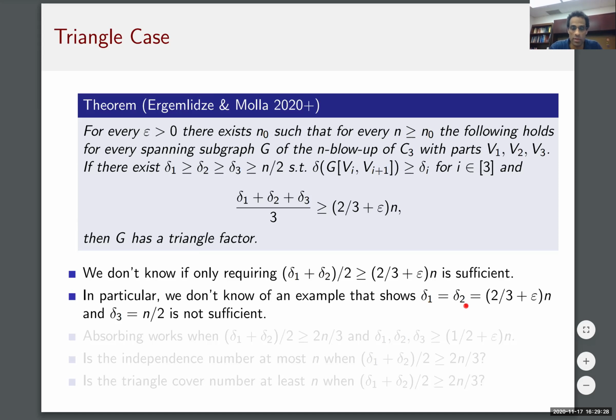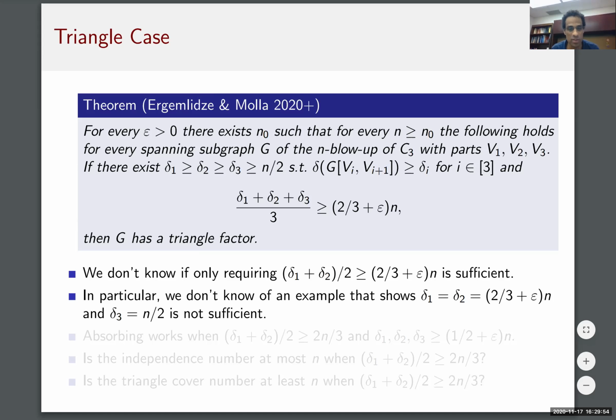So maybe one of the most interesting cases would be, if you remember the Magyar and Martin result, that required all 3 of those minimum degrees to be 2n over 3. But we actually don't know if maybe one of them can be much smaller. Maybe one of the minimum degree conditions only needs to be n over 2, and then you can still find a triangle factor.